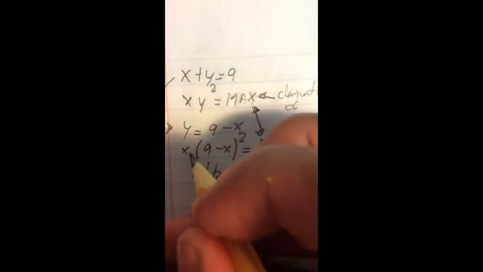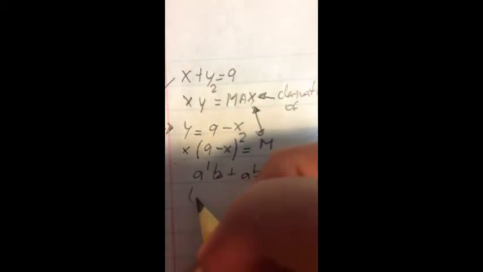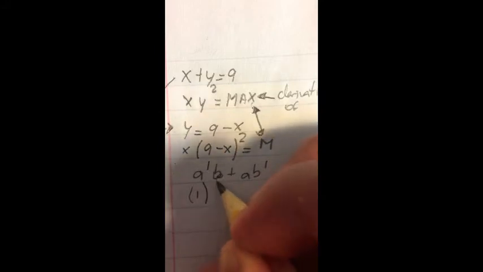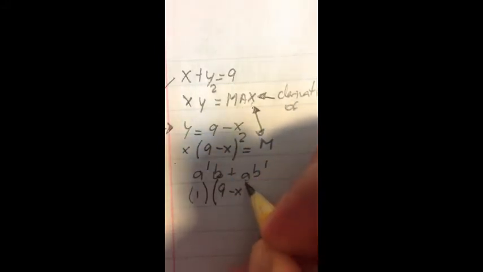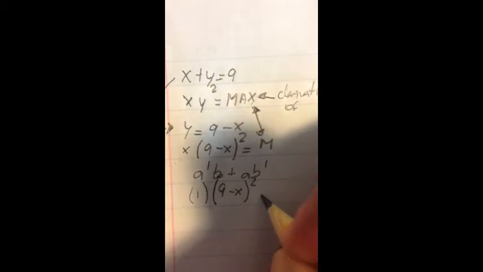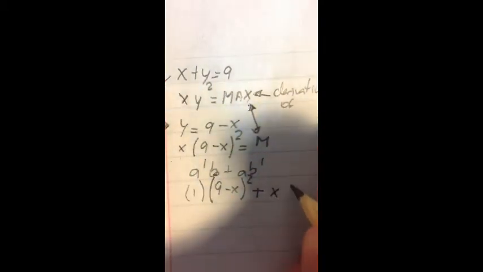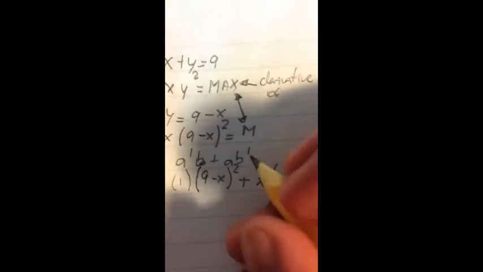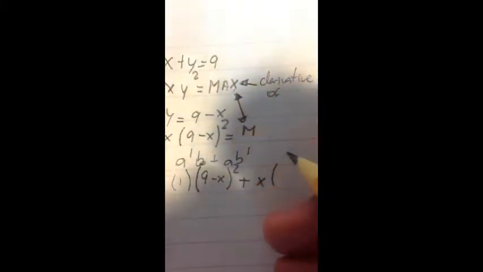So the derivative of x is 1 times b, which is (9 minus x) squared, plus a, which is x, times the derivative of b.